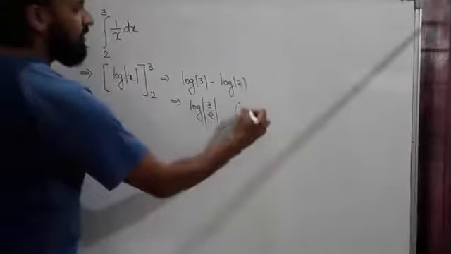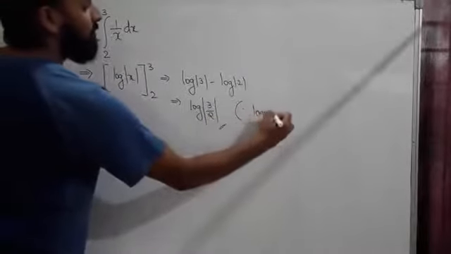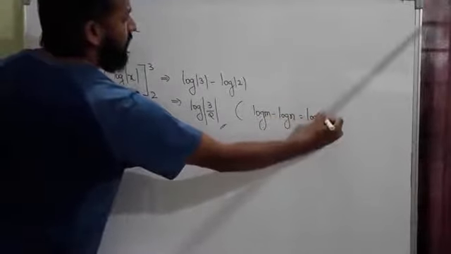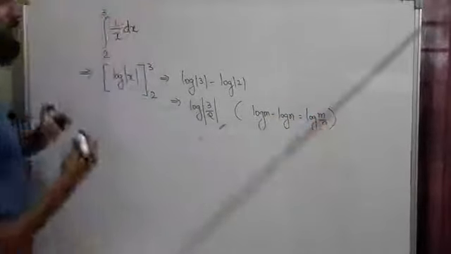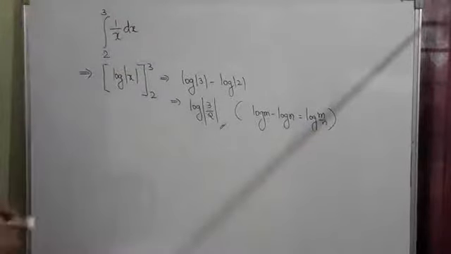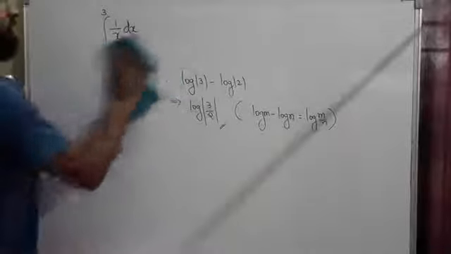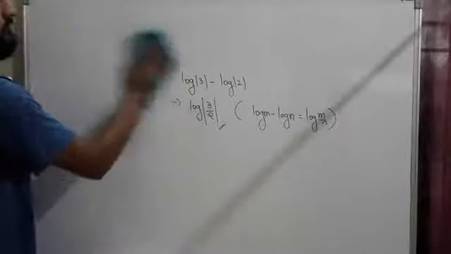What is the basic? Log m minus log n is equal to log m by n, isn't it? I hope many of you might have got the right answer. So let me erase this one, and let's see the next question.